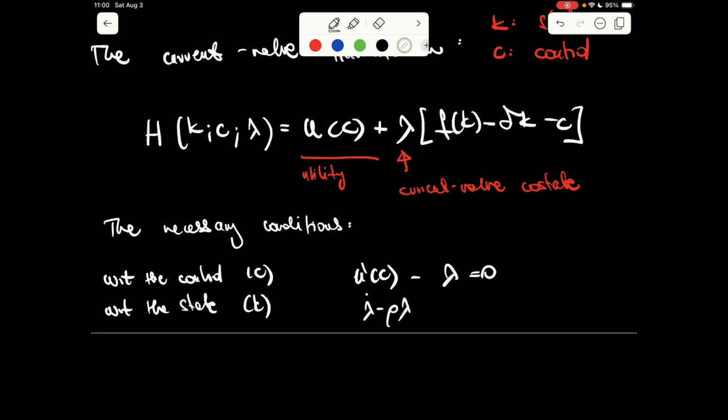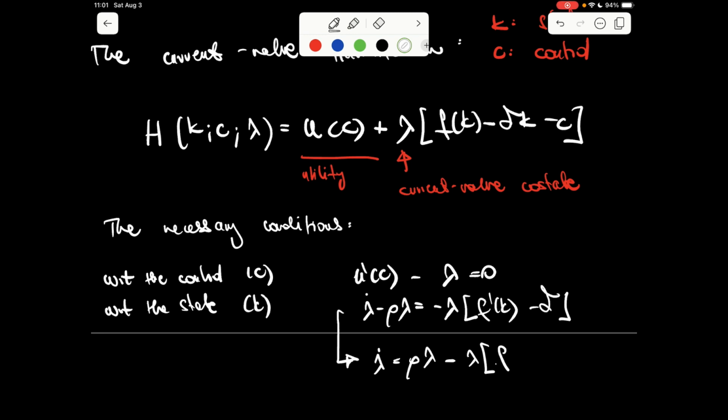This is the cookbook approach. So later we will discuss all the technical details. Okay, so this is the result of differentiating the Hamiltonian with respect to the state, where the Hamiltonian is the current value Hamiltonian.